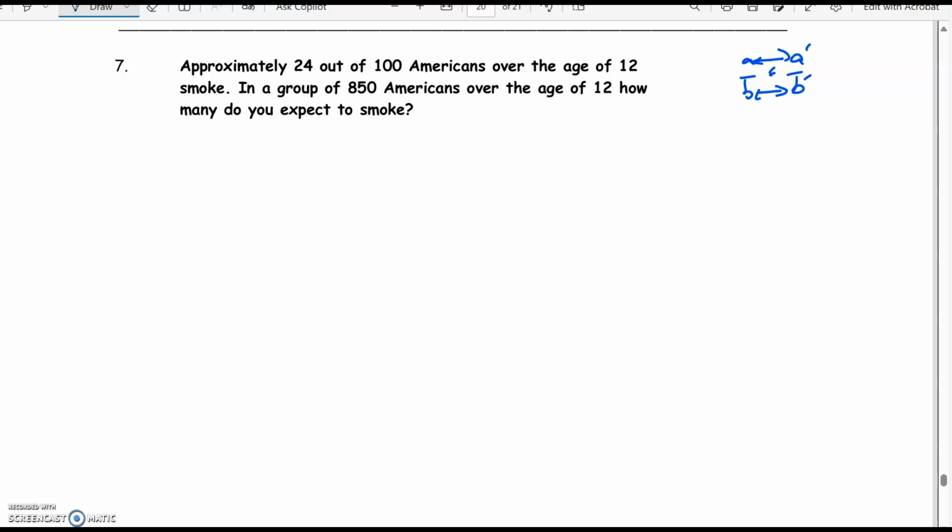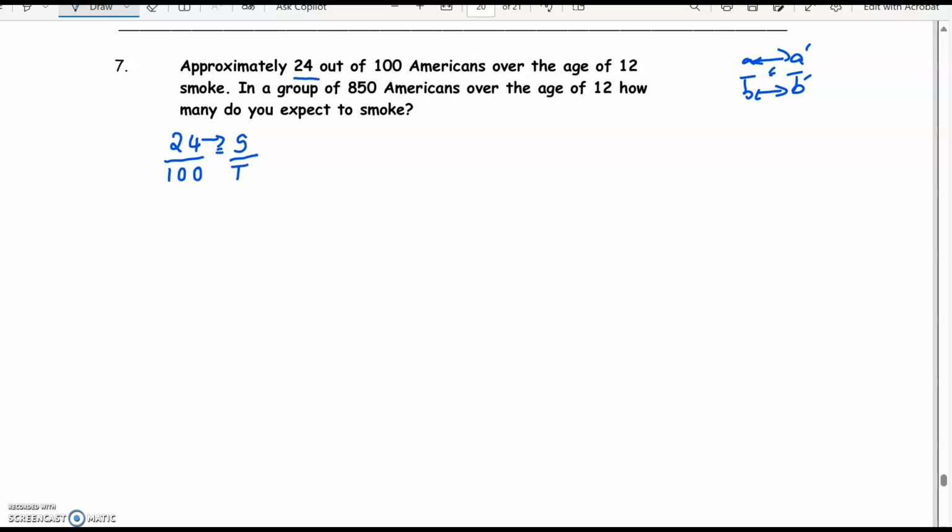Approximately 24 out of 100 Americans over the age of 12 smoke. Okay, so 24 out of 100 Americans smoke. So what this means is it's giving us a ratio. This is 24 smokers out of a total of 100 people.